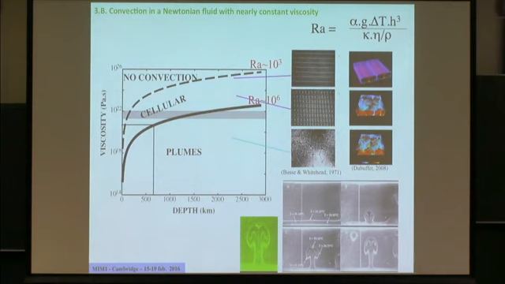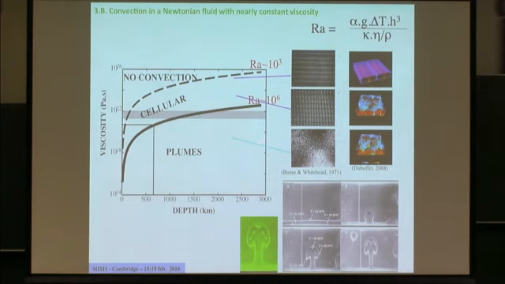So if I'm just looking at convection in a Newtonian fluid with nearly constant viscosity, the regime, the morphology of the convective motions, is going to depend only on the Rayleigh number. Here I've plotted the different regimes as a function of the viscosity of my mantle and the depths involved in the convection.